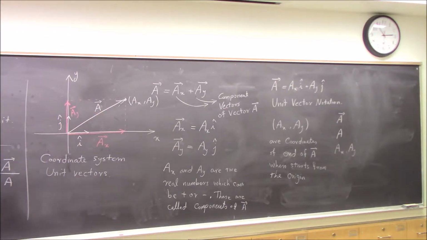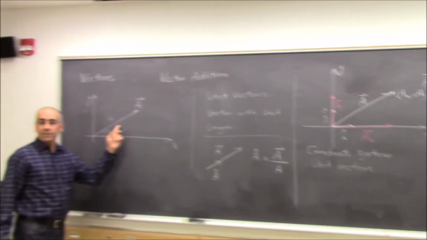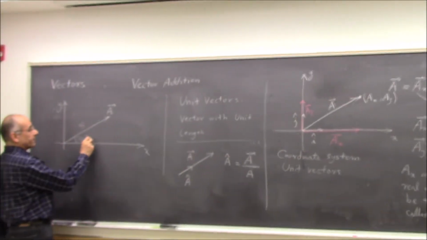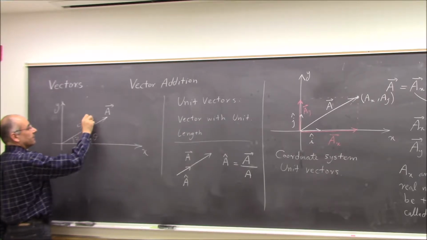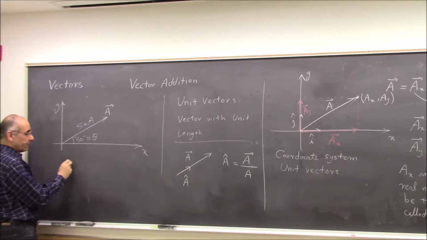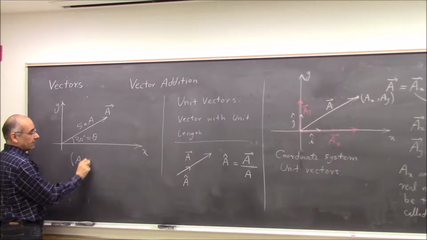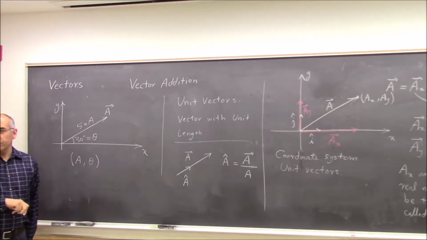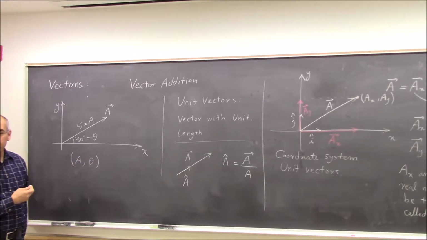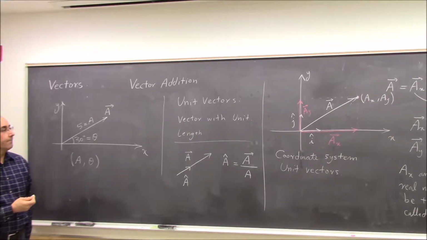For example, you say, okay, it's 5 meters and at 30 degrees to the positive x-axis. This way also, you can identify the vector. This is called angle theta. This is called magnitude. So these two numbers, magnitude and angle, also specify the vector uniquely, right?